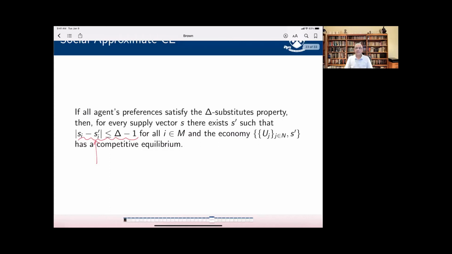So delta is at most 5. If I plug that in, I get 5 minus 1, which is 4. Now that means I can find a competitive equilibrium allocation where some classes will have a number of students that is up to 4 less than the capacity, and some might end up with 4 more than the capacity.